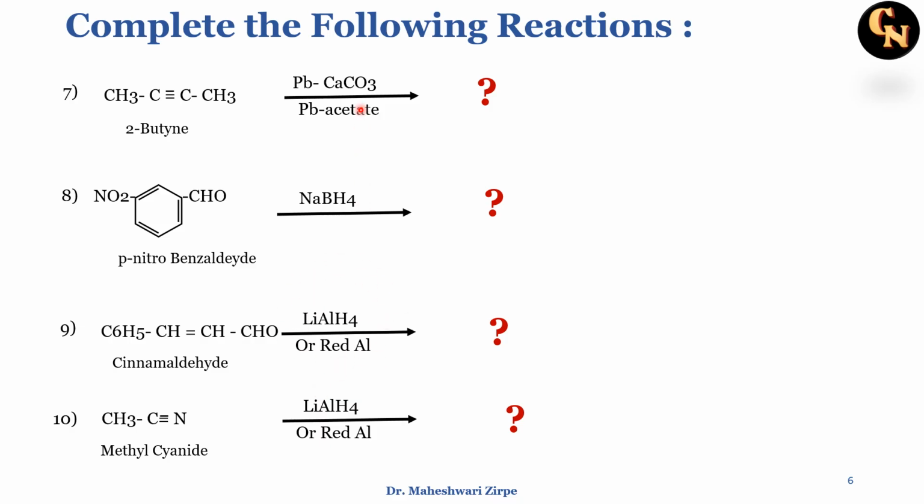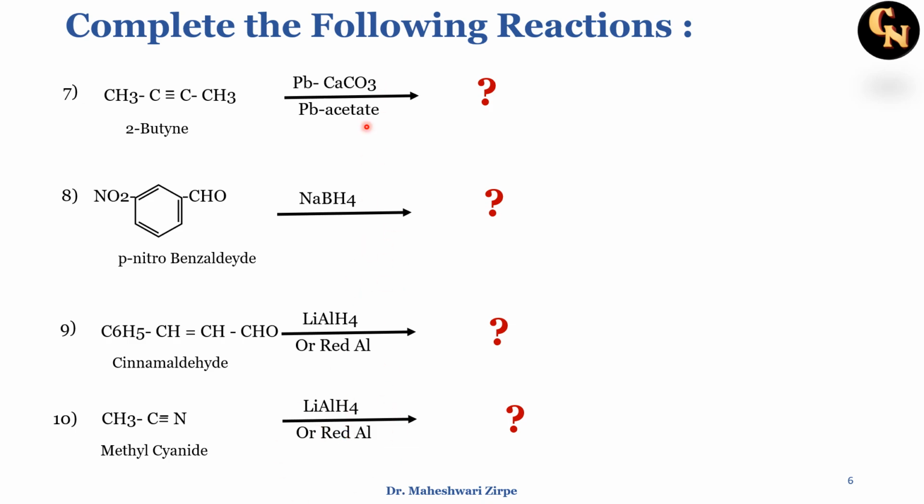So all these are going to have reduction. Okay, all these are reducing agents, but some are selective reducing agents, some are having peculiar stereoselectivity. Now let us see which is stereoselective, which is going to partially reduce, which is going to selectively reduce among these.